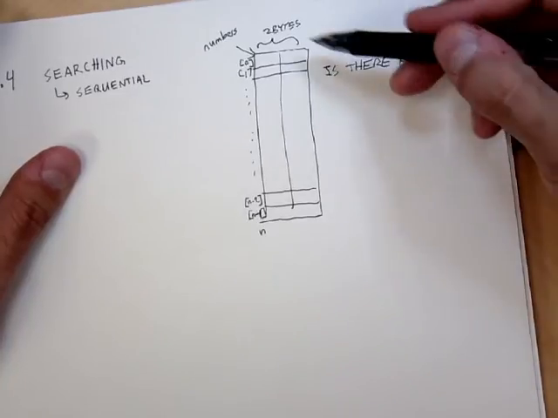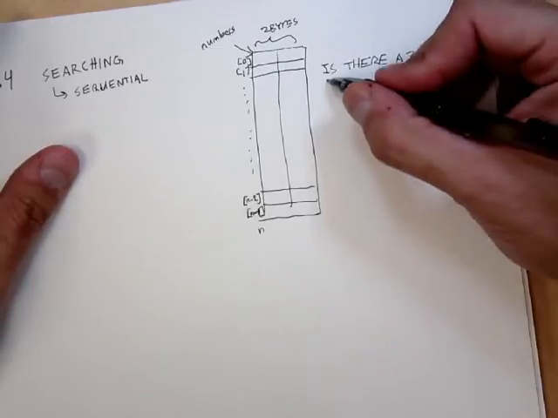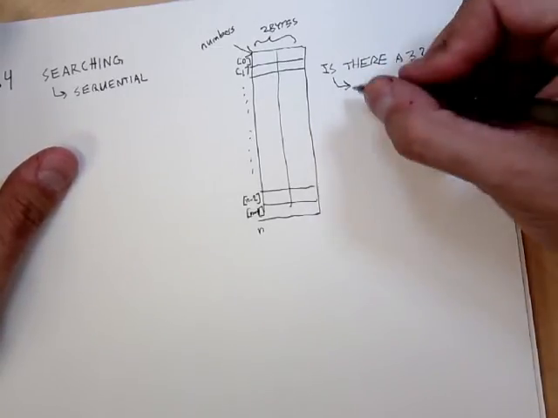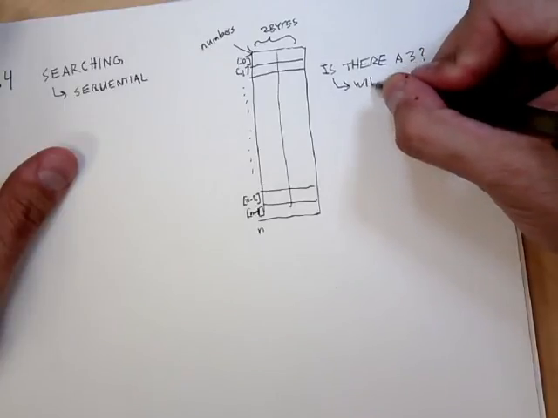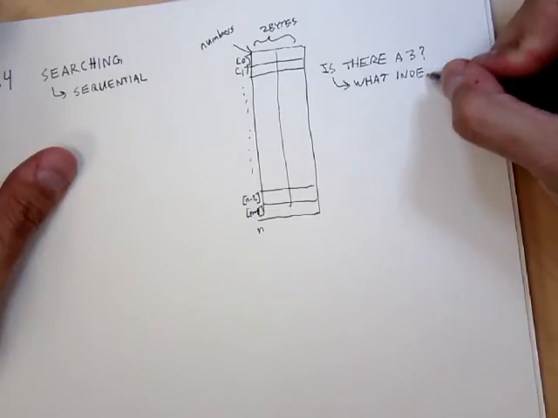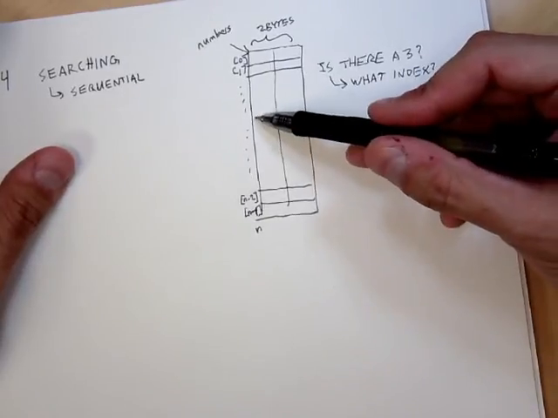We can say yes or no. And we could also answer the follow-up question, which is, where is it? If there is a 3, we would like to be able to determine its index.